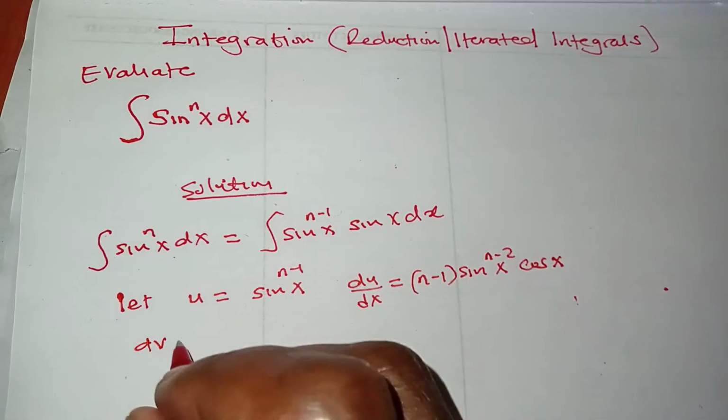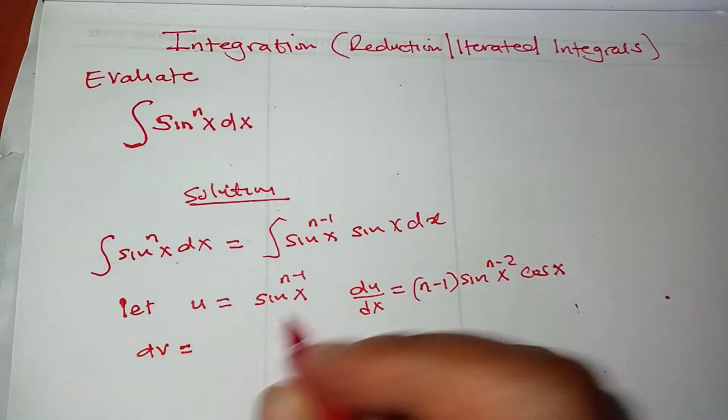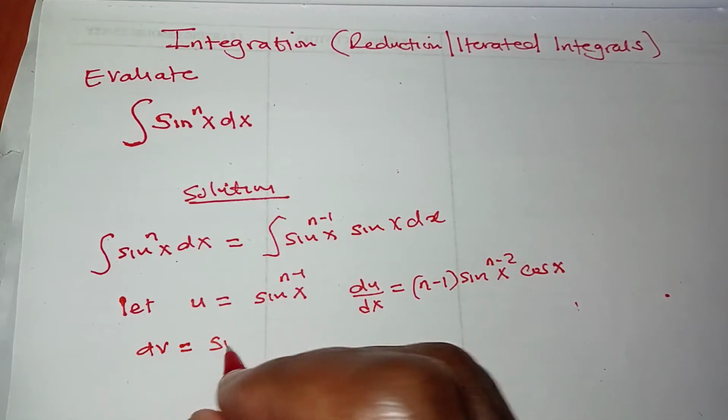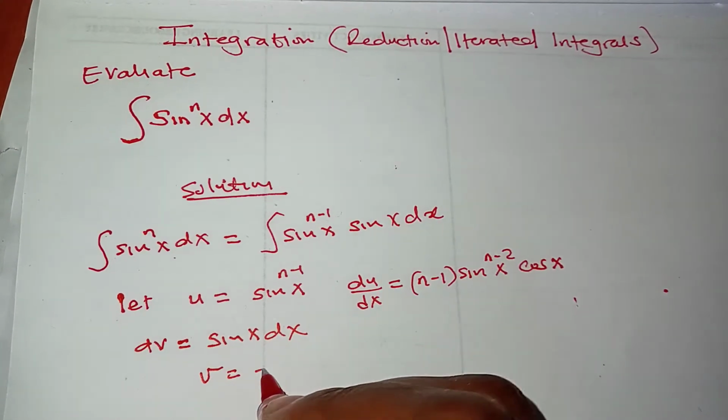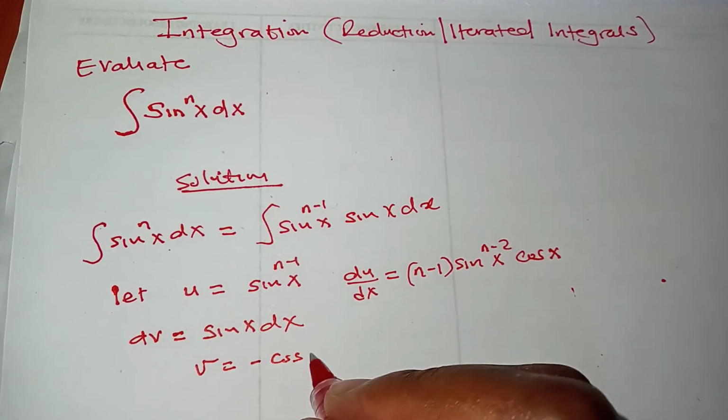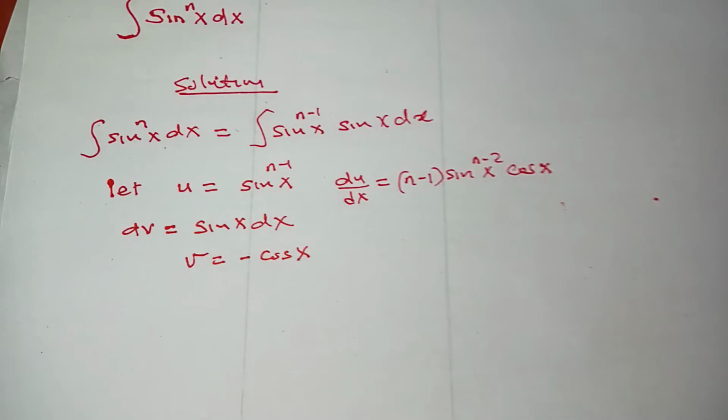So my dv is equal to sine of x dx. So v is nothing but negative cosine of x.